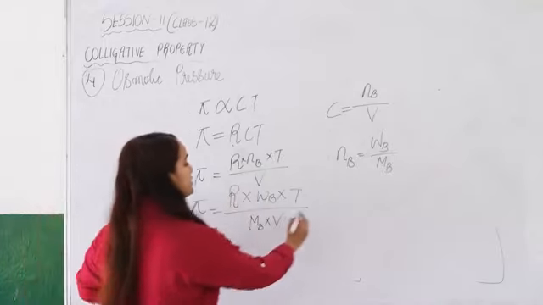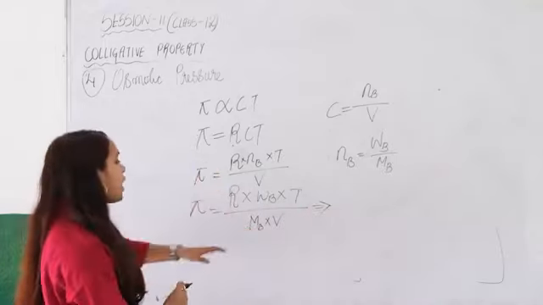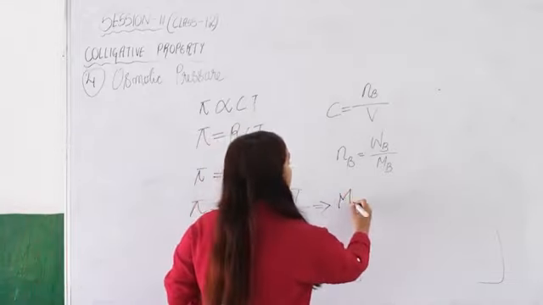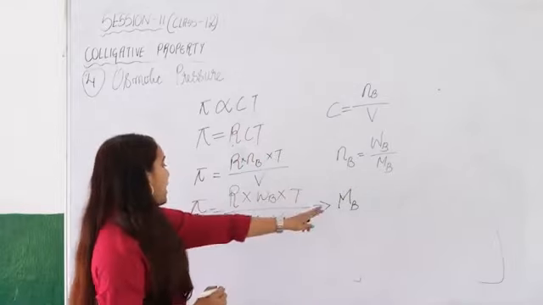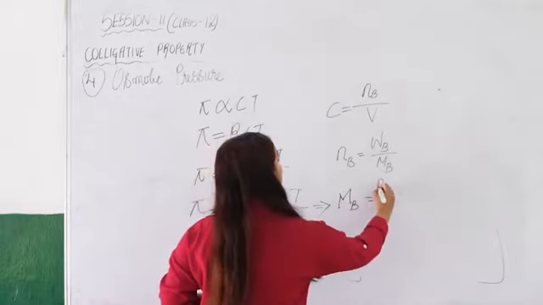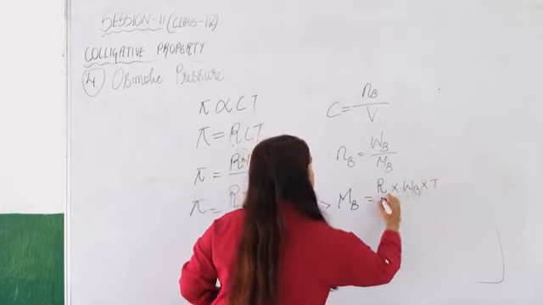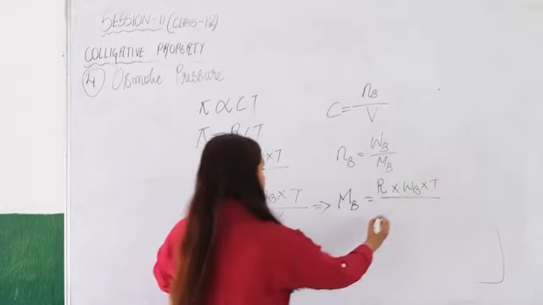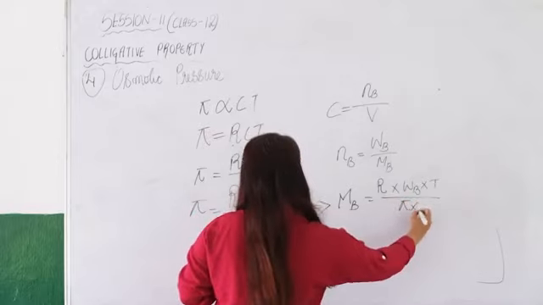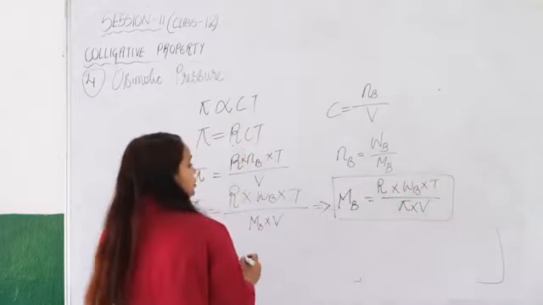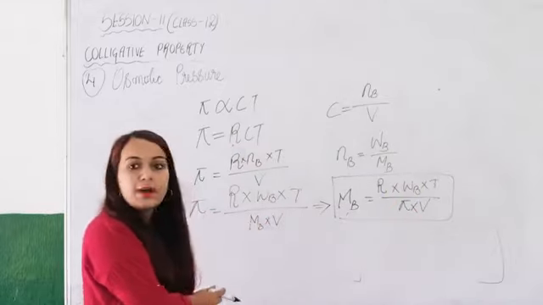So bringing the molecular mass to the left hand side, M_B is equal to R into W_B into T divided by pi into V. With the help of this equation, we can calculate the molecular mass.